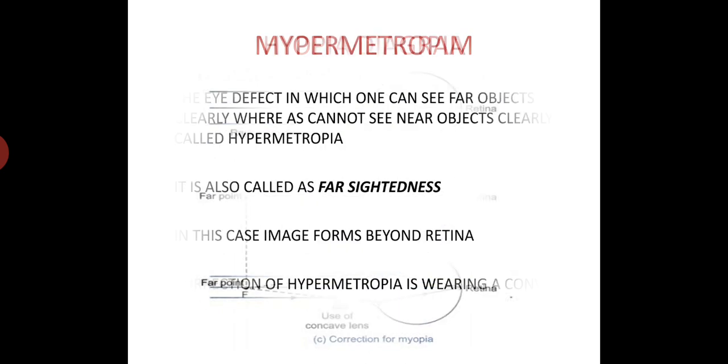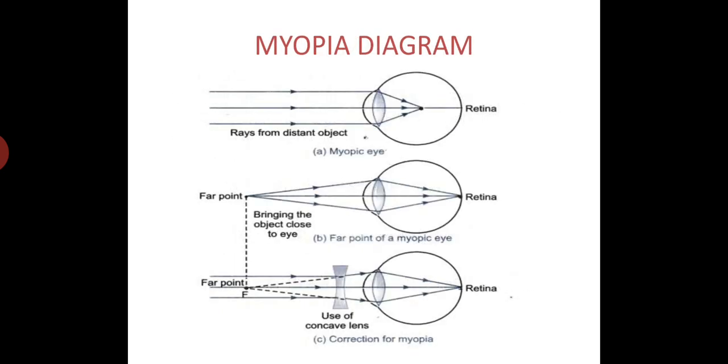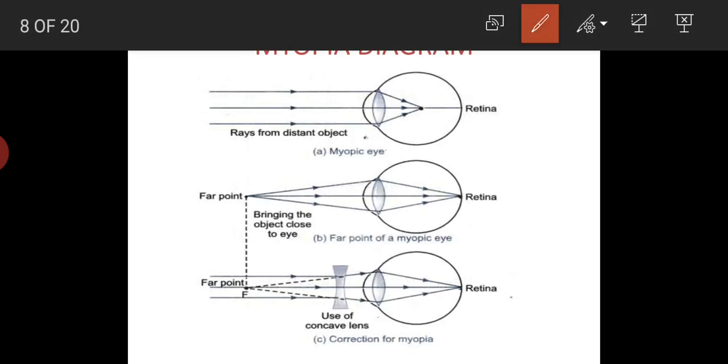So this is the myopia diagram. In general, if we see light rays coming from a far distance, all these light rays will meet before the retina and we cannot see this far object clearly.